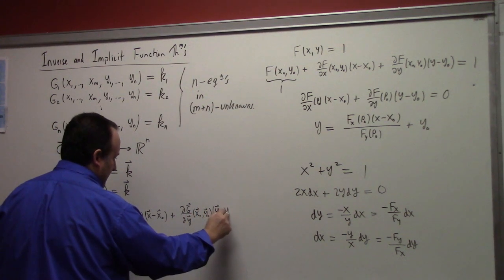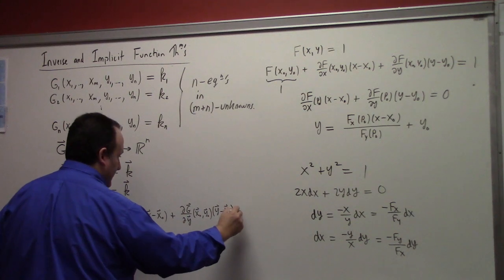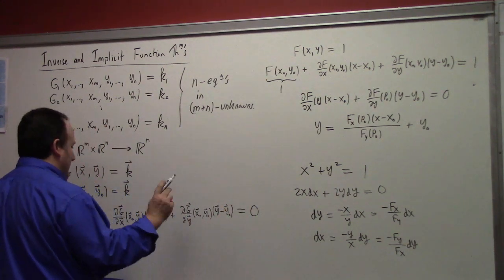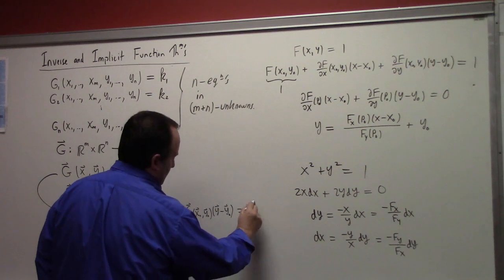Now this begs the question, what do I even mean by these expressions at the moment? But what I mean by them is not equal to 0, it's equal to the k vector.